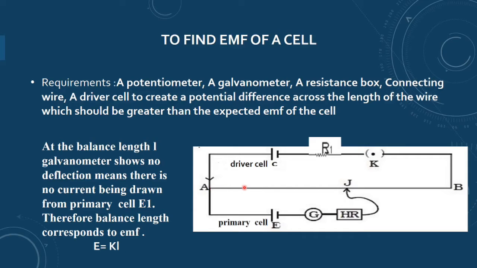Balancing length here AJ can be calculated experimentally, and when you know K and L, you can find the value of EMF. So K will be always given to you in the question, that is the potential gradient, or otherwise like we have calculated in previous examples, you can always calculate by knowing the value of V and R in the circuit. For that, R of this wire is also given.